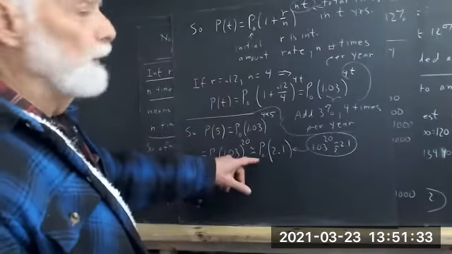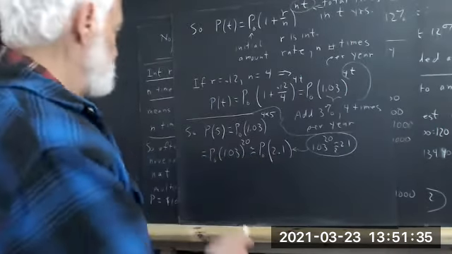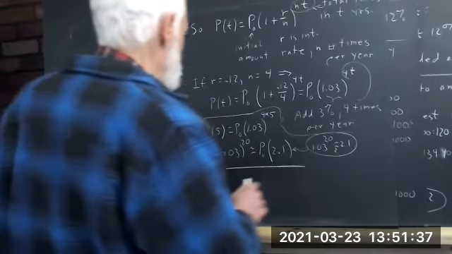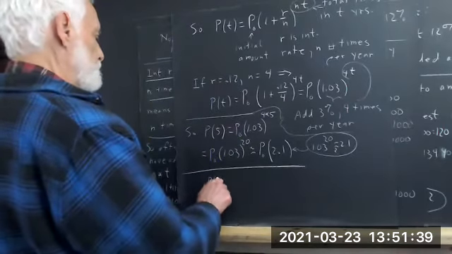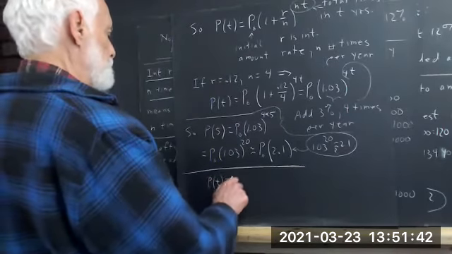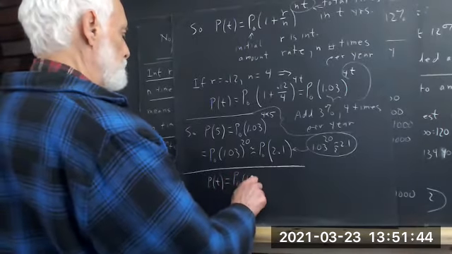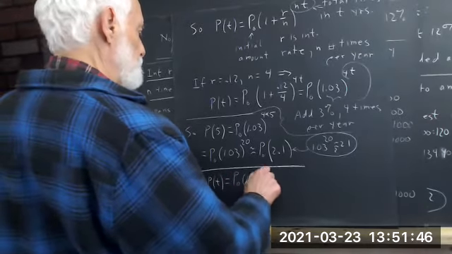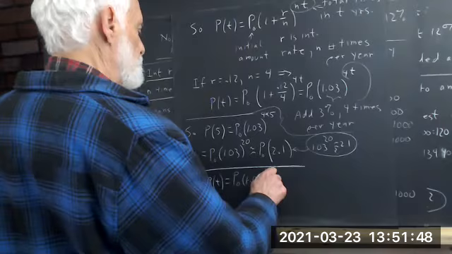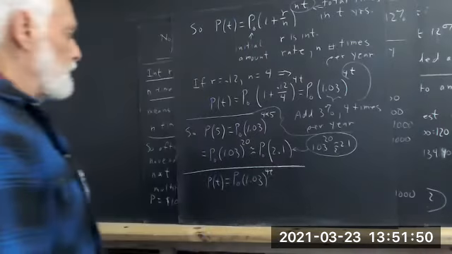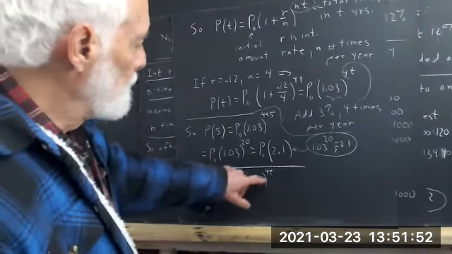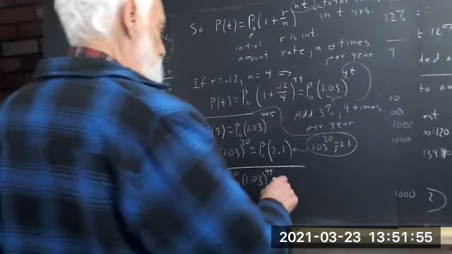Okay, this is an exponential function. Because I can write this as P naught times 1.03 to the 4t.